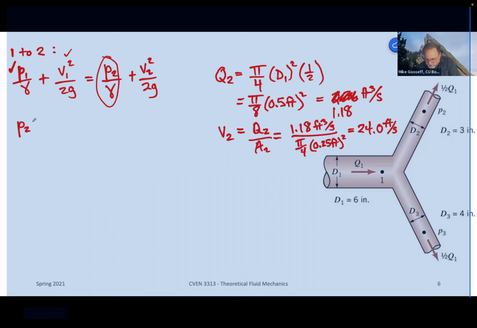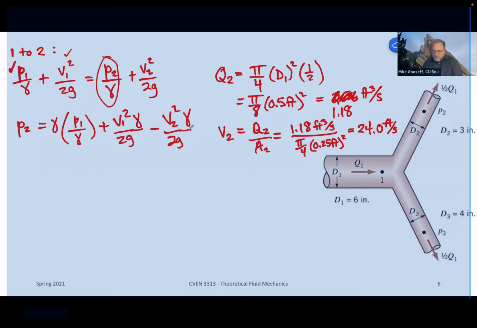All right, so P2 is equal to gamma times P1 over gamma, plus V1 squared over 2g times gamma, and then we subtract V2 squared over 2g also times gamma.